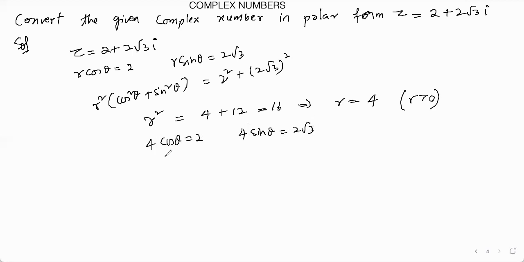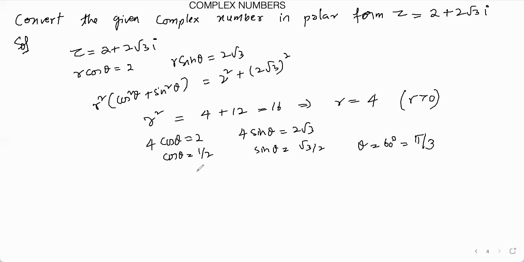So we get cos theta as 1 by 2 and sin theta as root 3 by 2. So if you consider this, theta will be 60, which is pi by 3.